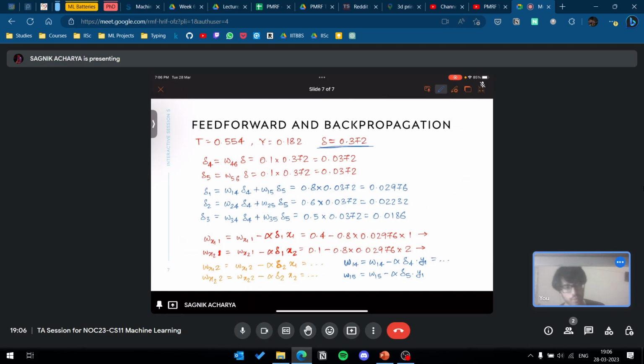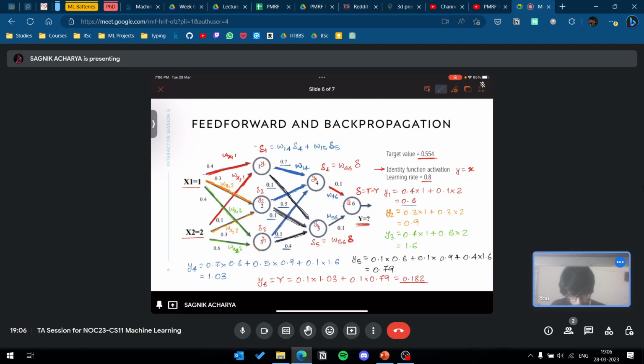After calculating all the updated weights, we move on to the next iteration of the neural network. If you have some new x1 x2, we'll use the new weights and the new x1 x2 to calculate another y over here. Then we'll have some new target value also, hopefully.